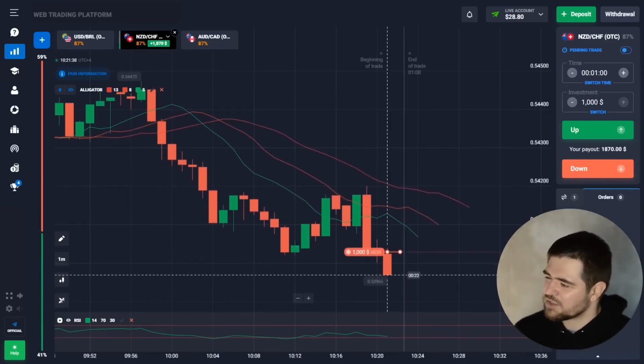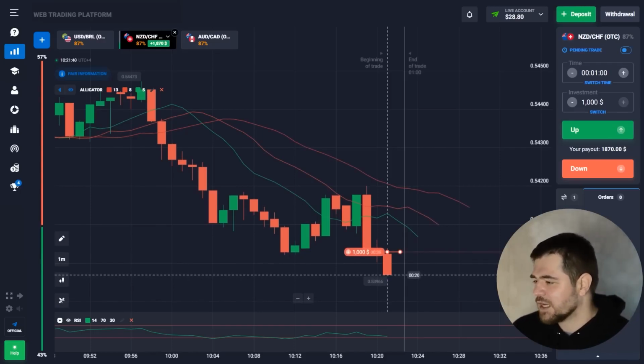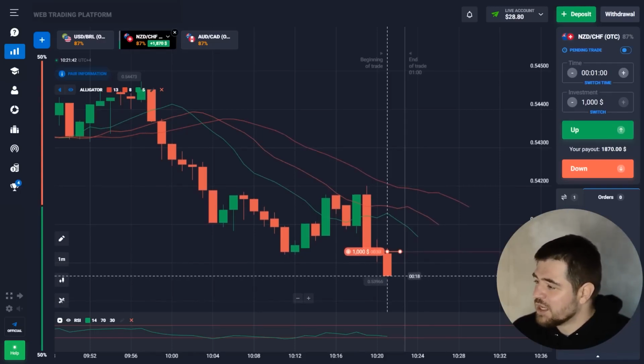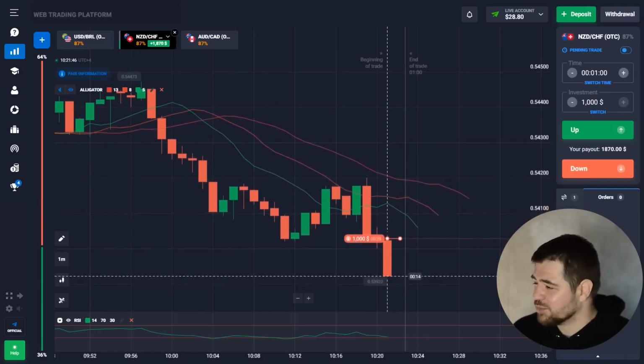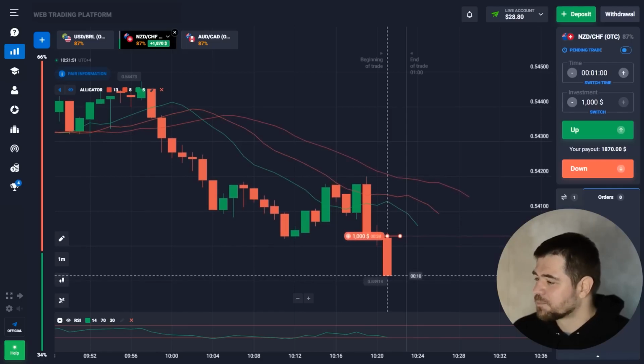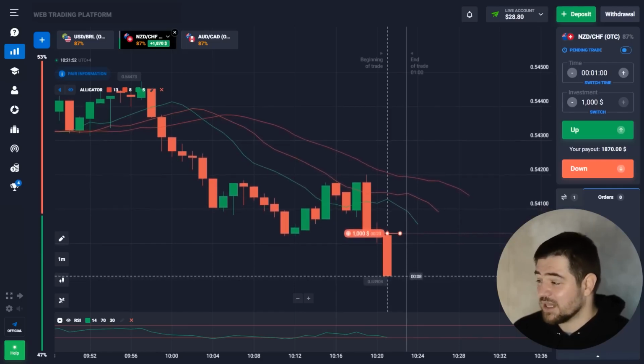Because we're entering this zone of oversold, you know, when the price is really low, we're entering that zone.